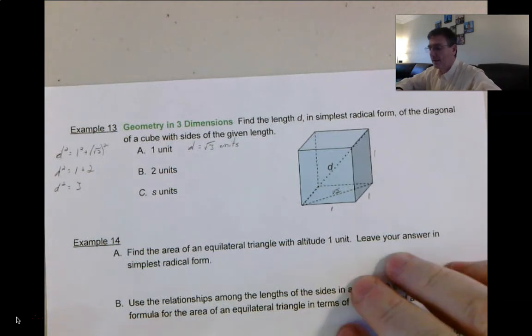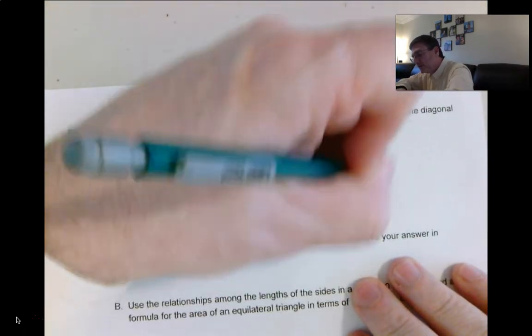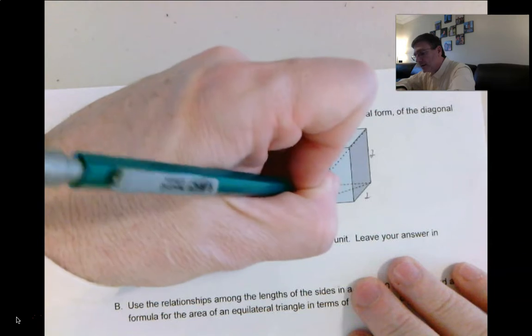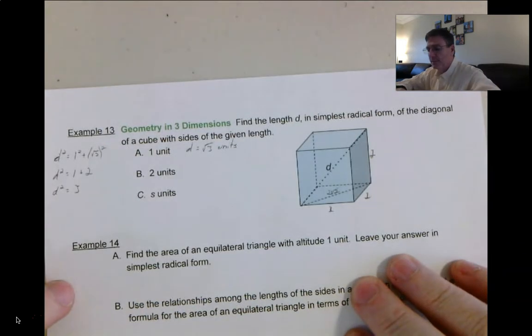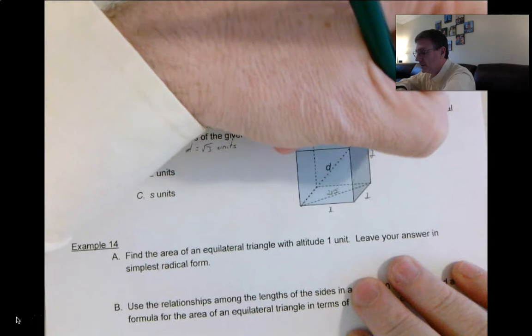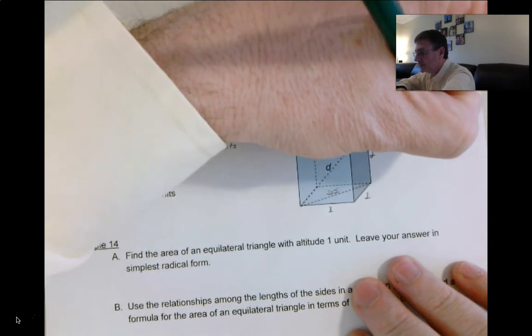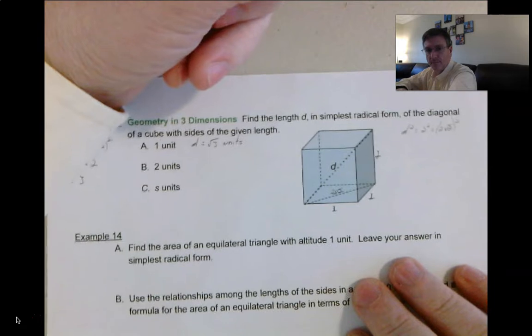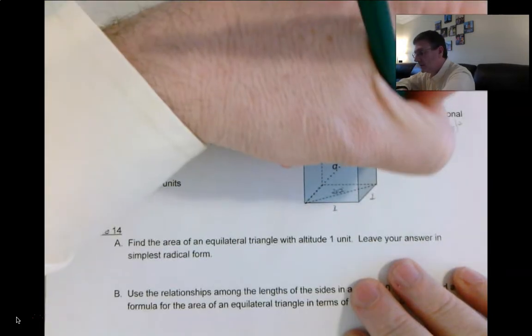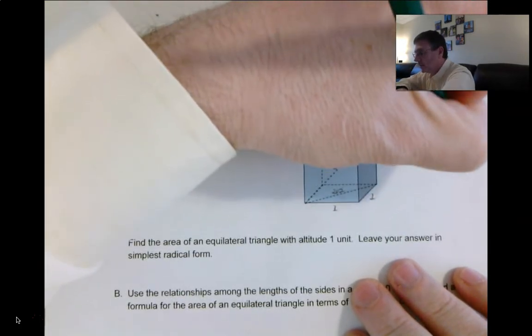For part B, we change these 1s to 2s, making this 2 square root 2. Now, D squared equals 2 squared plus 2 square root 2 squared. D squared equals 4 plus 4 times 2.